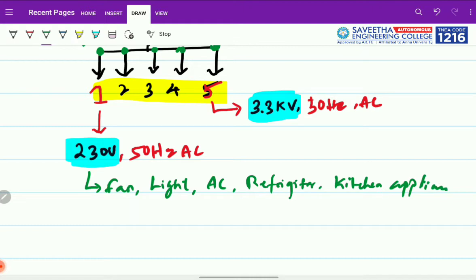All these things are operated at 230 volt, right? So for a design to be done for the particular load system, we need to confirm that the voltage that is available is the actual rated value of the voltage for each and every appliance.